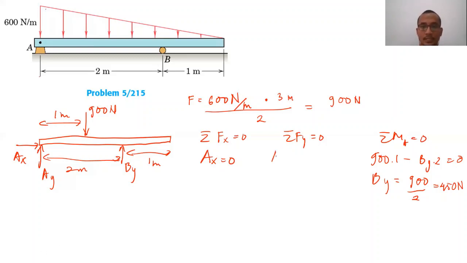Then using sigma Fy equal to 0, going up is positive. So what I will get here will be Ay plus Py minus 900 equal to 0. And remember, we already know the value of Py. So in this case, plus 450 Newton, which is the value of Py, minus 900 Newton equal to 0.